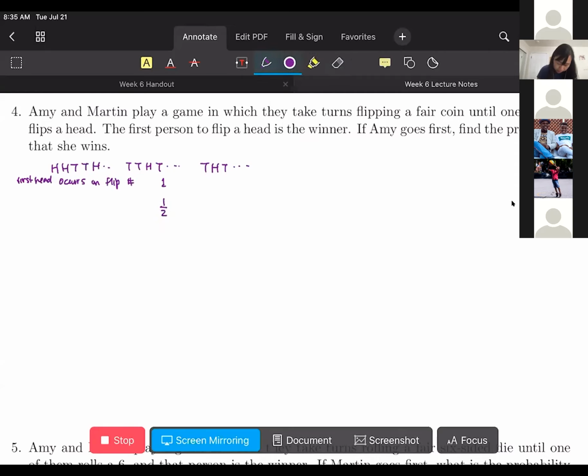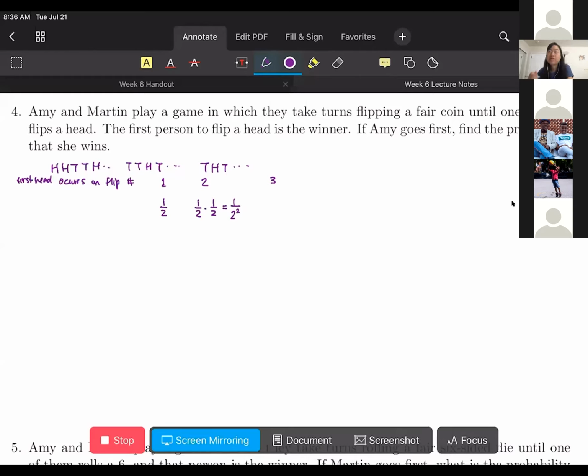The probability that it occurs on flip number 2 is going to be the probability that you first roll a tails, so that's 1/2, and then the probability that you then roll a heads, so that's 1/2. So that's 1/4, or 1/2 squared.